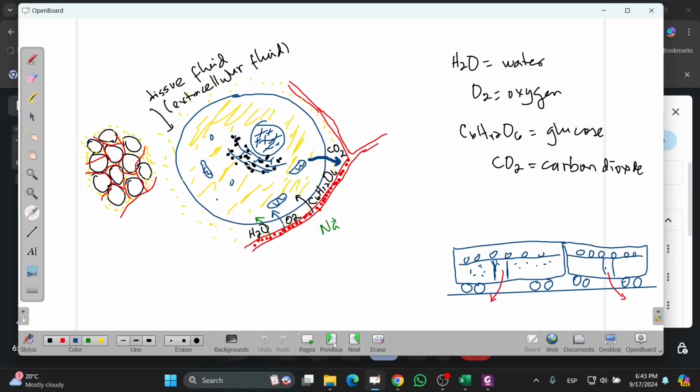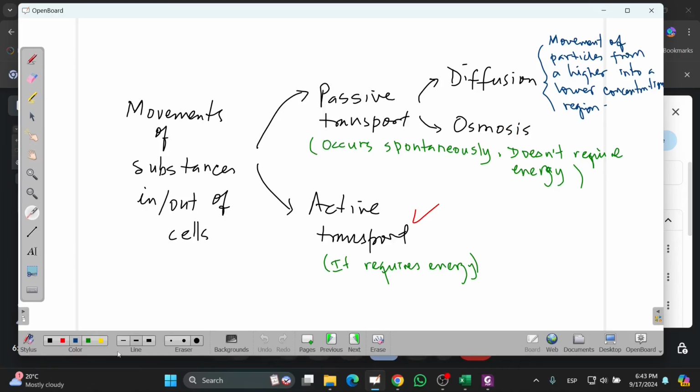Now, if it is water, it's the same thing. Water molecules will be moving from an area where there is a higher concentration of water, or more water, into where there is less water. So this is a particular case of diffusion. We can say this is the diffusion of water.